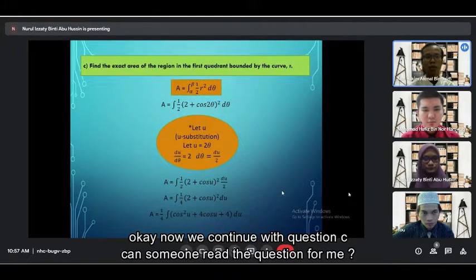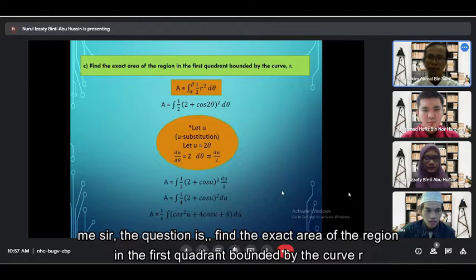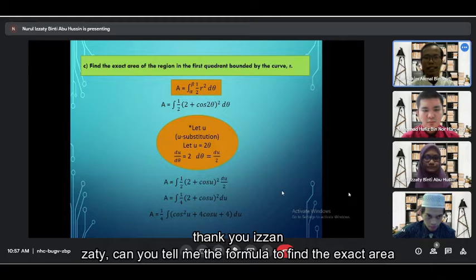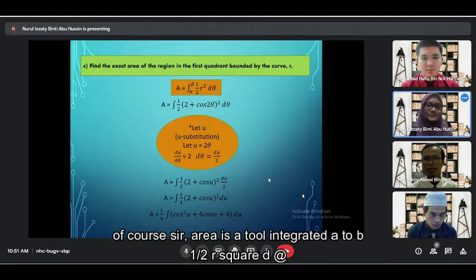Okay, now we continue with question C. Can someone read the question for me? Me, sir. The question is, find the exact area of the region in the first quadrant bounded by the curve r. Thank you, Izan. Zati, can you tell me the formula to find the area? Of course, sir.